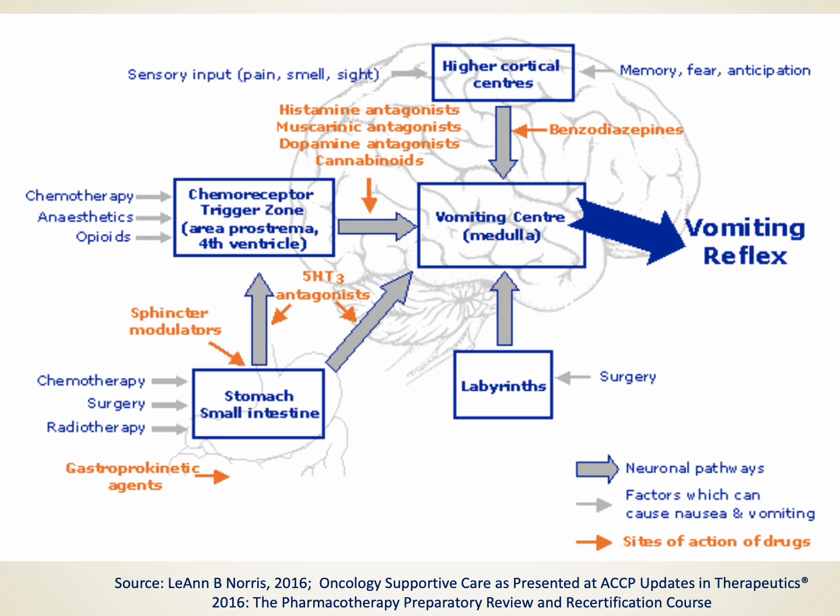Well, you'll see in orange here, the benzodiazepines impairing your perception of nausea and vomiting, the histamine antagonists, the muscarinic antagonists, dopamine antagonists, cannabinoids, and serotonergic agents, which can affect the stomach and small intestine triggering as well. And the gastroprokinetic agents like metoclopramide or Reglan can have some effects as well. And so we're going to look at multiple regimens, and you'll see examples of those regimens on the next couple of slides.